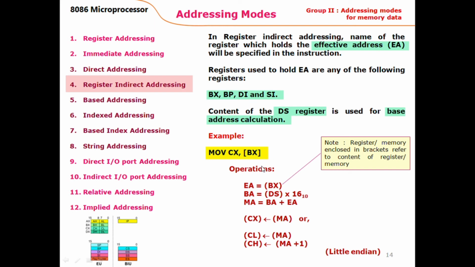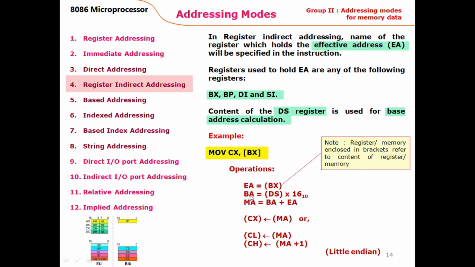So what happens when this instruction executes? The effective address is the content of register BX. The effective address is the 16-bit value stored in the BX register. Then the base address of the segment is the 16-bit value of the data segment register shifted 1 hexadecimal place to the left, or multiplied by 16 in decimal.